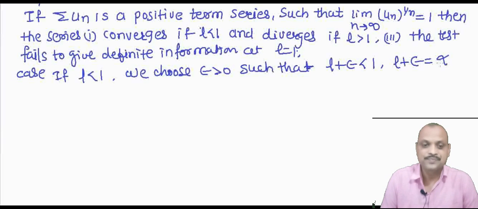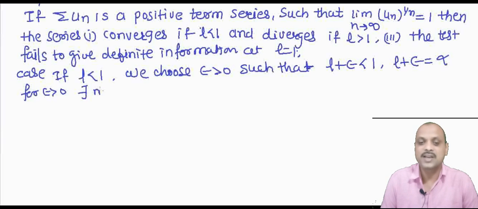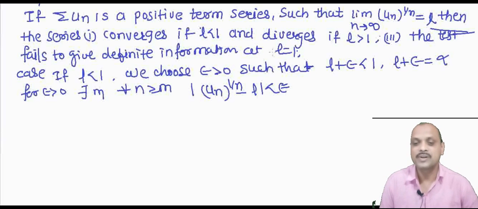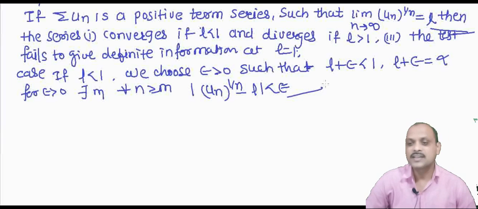For epsilon greater than 0, there exists a positive integer m such that for all n greater than or equal to m, mod of un whole raised to 1 by n minus L is less than epsilon.